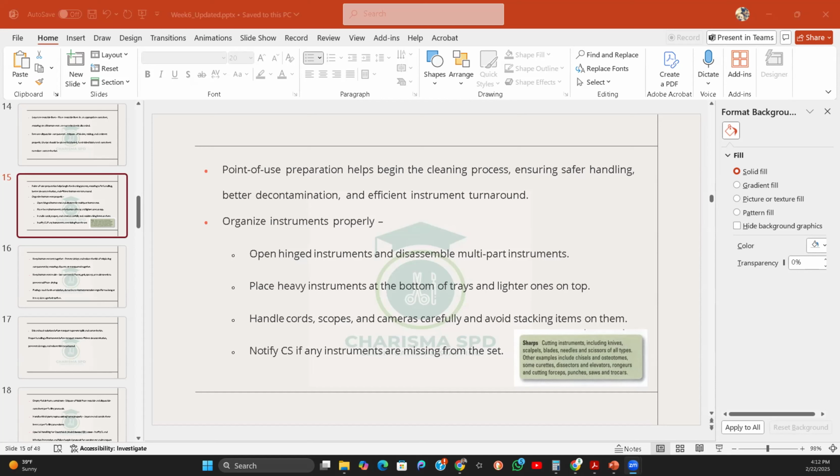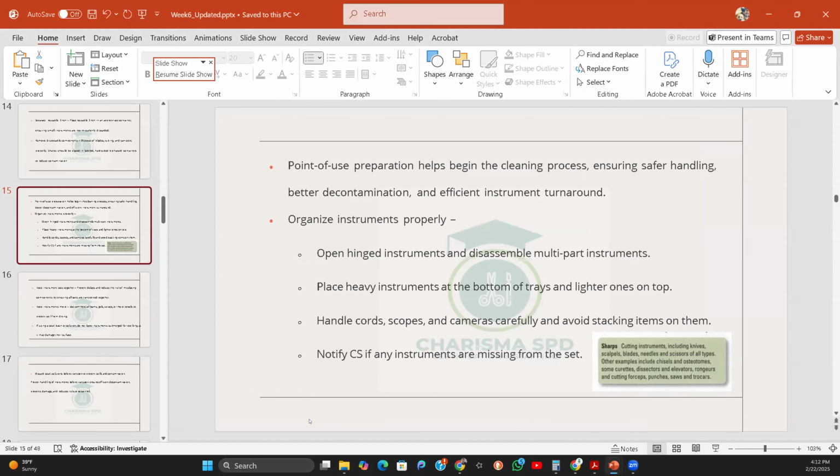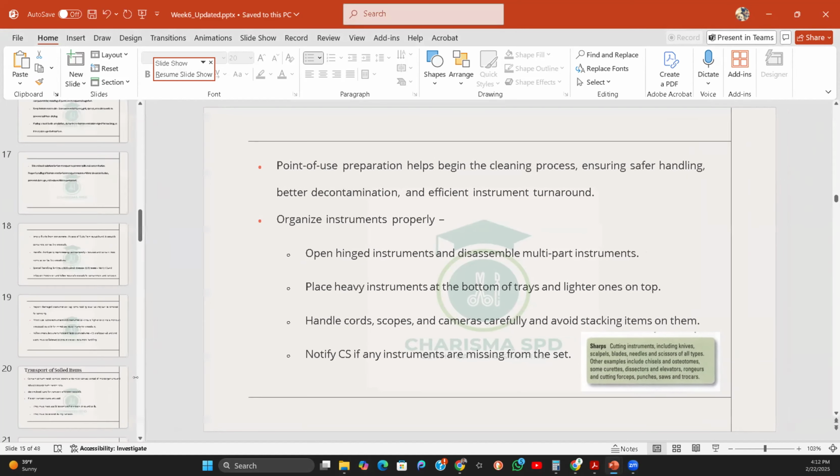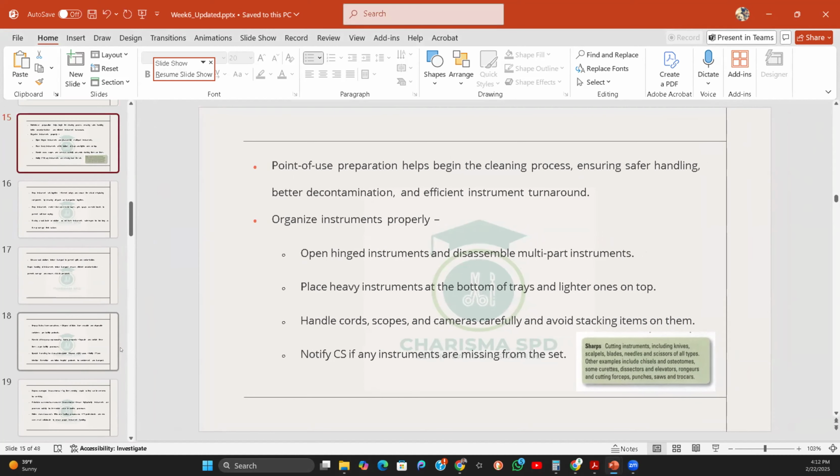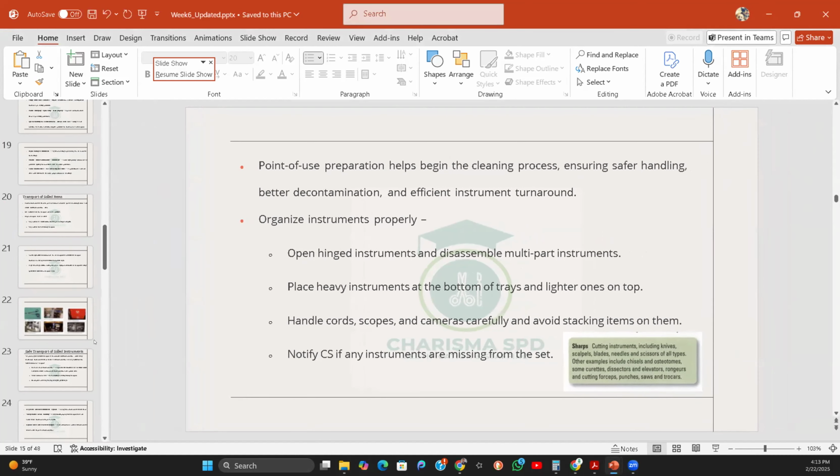That means that you cannot put a mallet on them. In central sterile processing, a mallet is a hammer. In the private setting, a mallet is also a hammer. A hammer is heavy, so you cannot put it on a scope, which is very delicate, or a camera, which is very delicate.